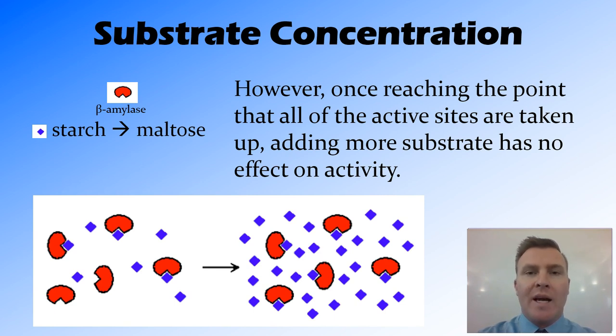So there are no more enzymes to work on those substrates. This means that adding more substrate isn't going to increase the enzyme activity at all. We call the point at which this increase stops the saturation point, because all of the enzymes are saturated with the substrate, in this case starch.